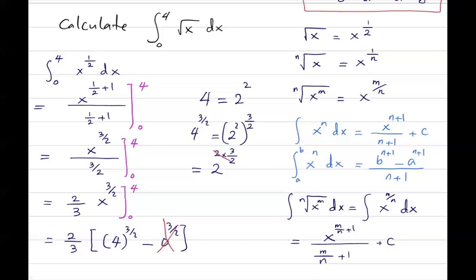If you just cancel out 2 and 2, you end up with 2 to the third, or it is nothing but 8. Very good. So let's go back to our calculations here. It is 2/3 times 2 to the power 3, which is 8 times 2, or 16 divided by 3.